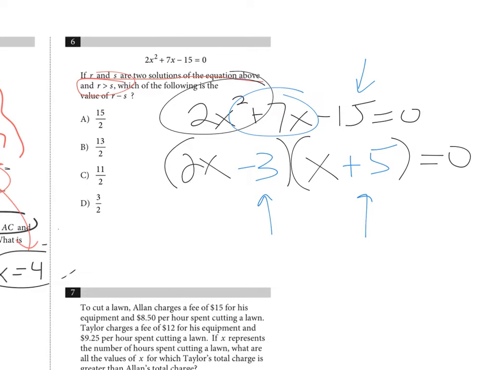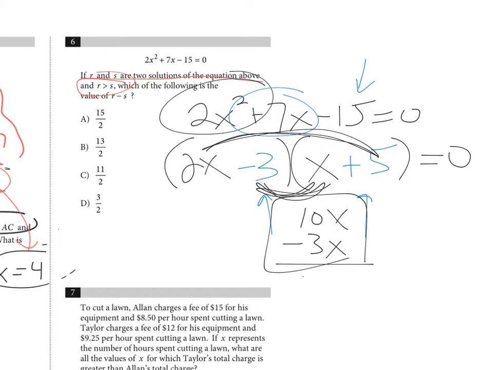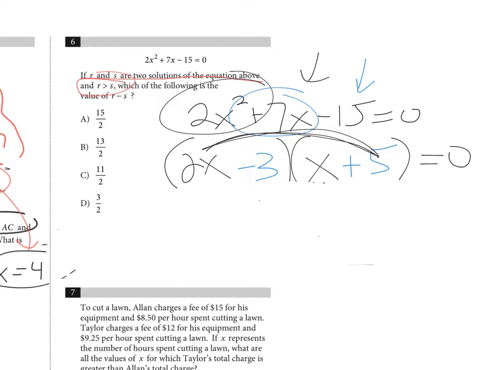But now when I do the outers and the inners, the outers, 2x times 5 is 10x. The inners, negative 3 times x is negative 3x. They combine to give me a positive 7x, which is what the middle term is. So I have the two factors for that polynomial.